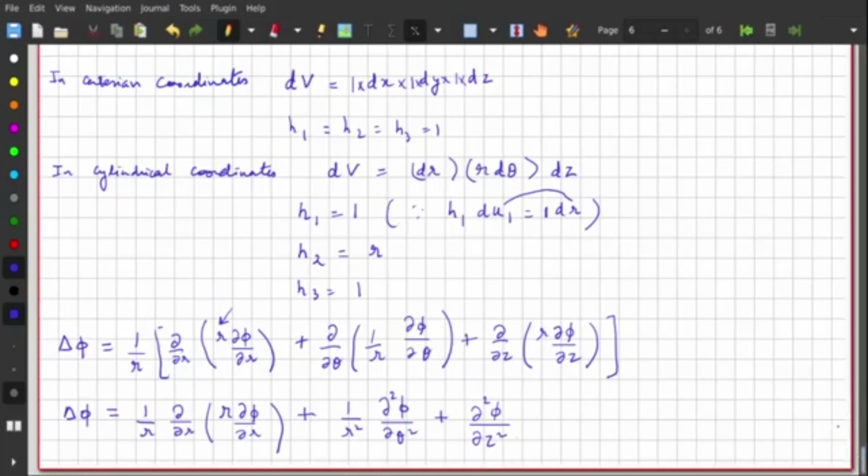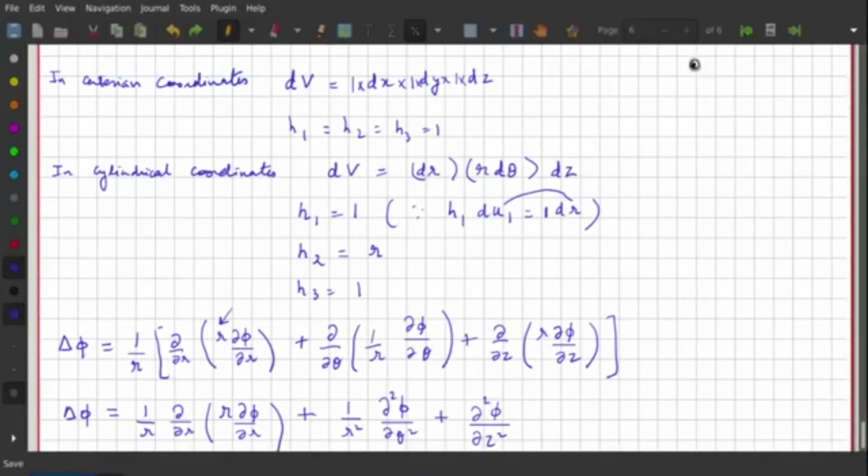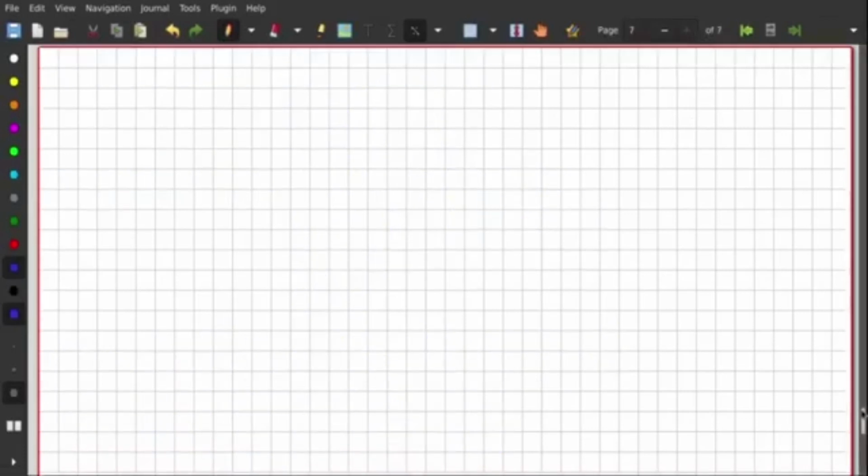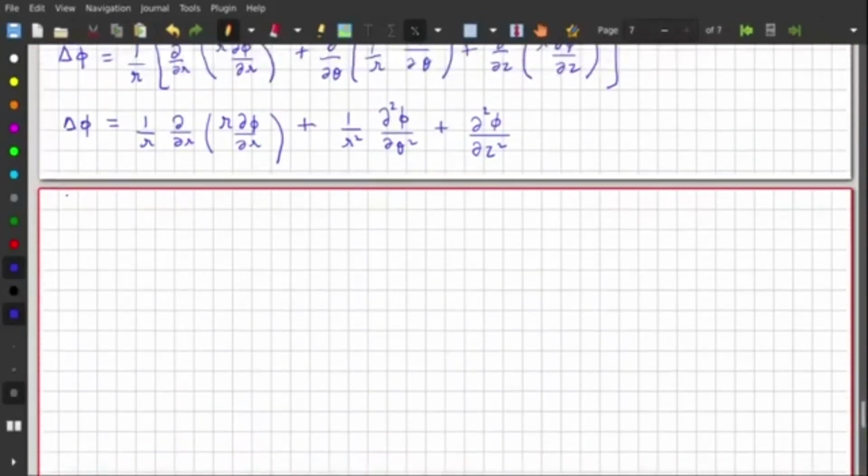Okay, similarly we can write it for spherical polar coordinates. Let us do that and identify what the volume element was.